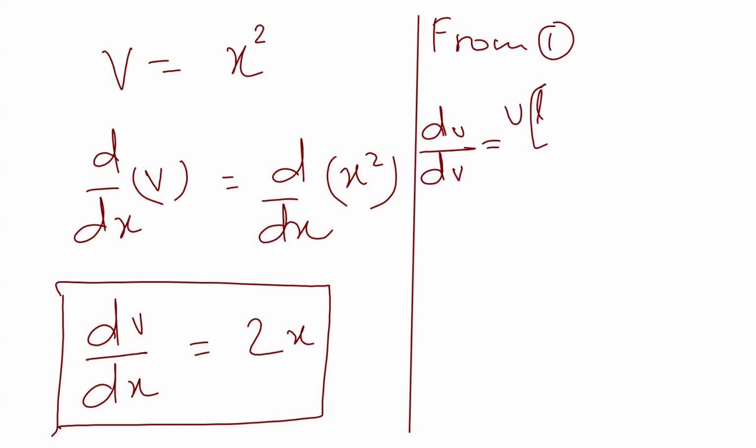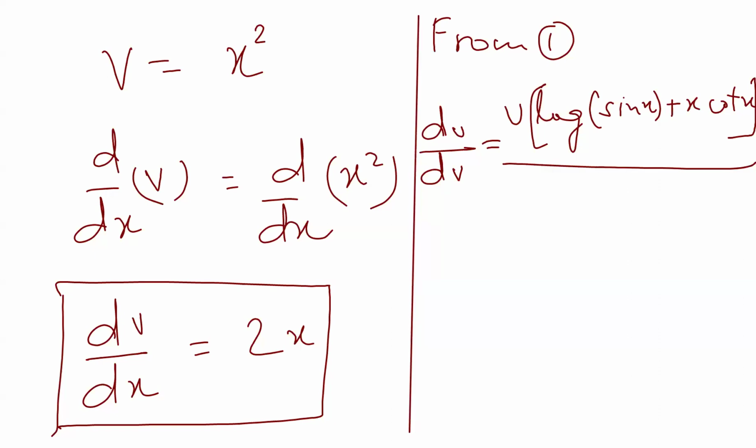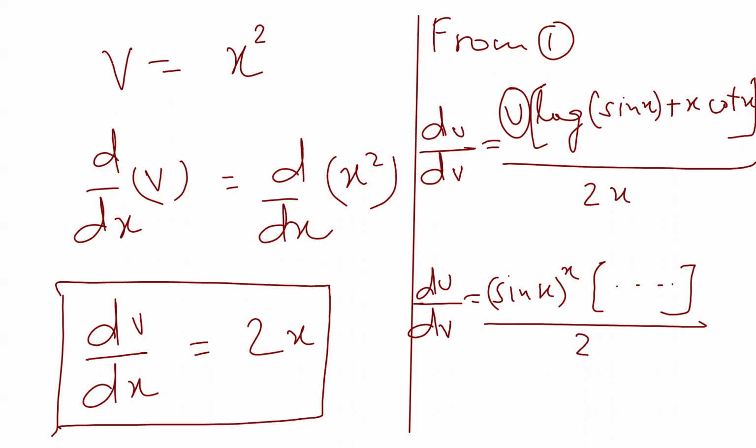So u into log sin x plus x cot x upon dv by dx, which is 2x. And the last step, du by dv: replace u with sin x raised to x into the bracket which we have got upon 2x. So that's the solution for this problem.